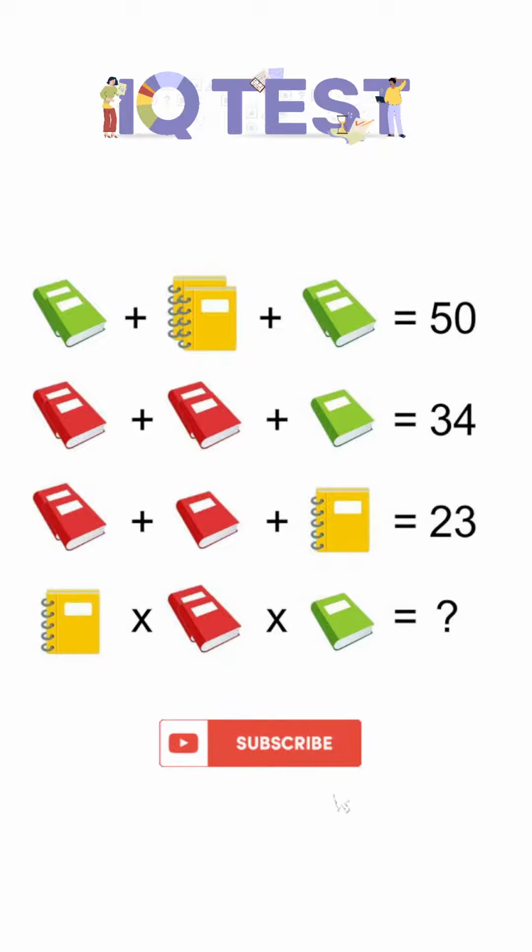So we have 2 green books plus 2 yellow books plus another 2 green books is equal to 50. So we have 4 green books plus 2 yellow books is equal to 50. That's for the first equation. Then we have 4 red books plus 1 green book, that is equal to 34.